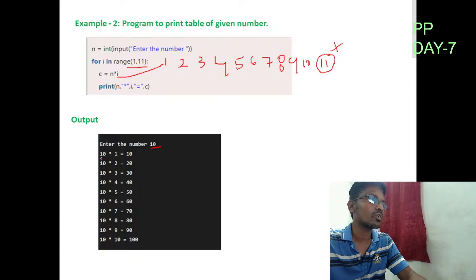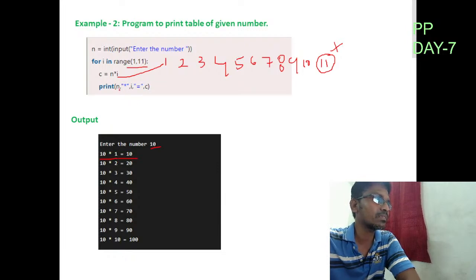Now I am going to write it in the form of a table format. I write n comma, that is 10, comma, a star in double quotes, then it will print a star, comma, i.